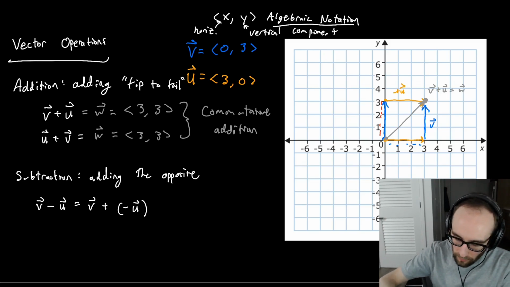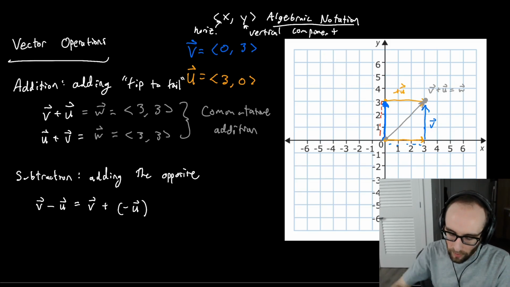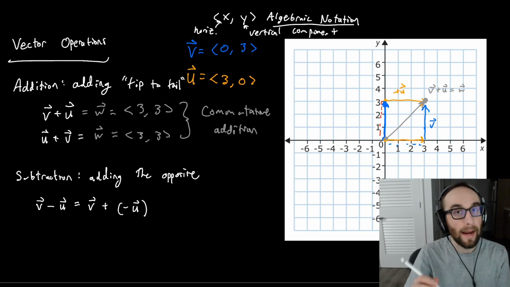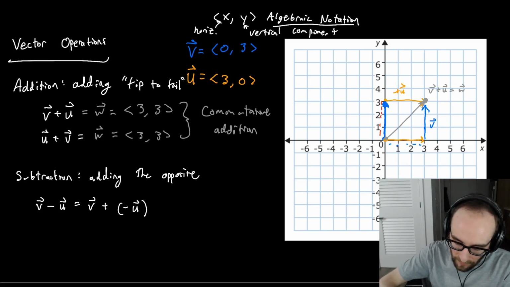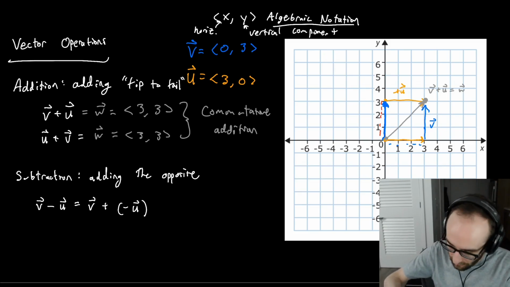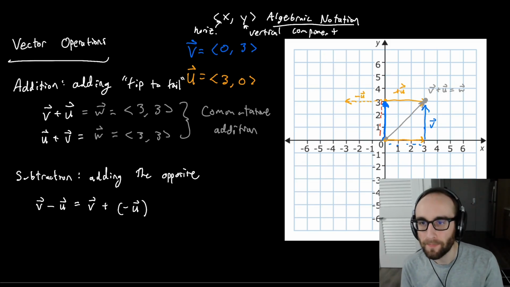What we would do is we would start with v. So v is 3 units up, ending at 3 units up. And then we would apply negative u. So negative u is still going to be 3 units, but it's going to be to the left. So we have u, and we're moving 3 units to the left. This is negative u that we're adding here.